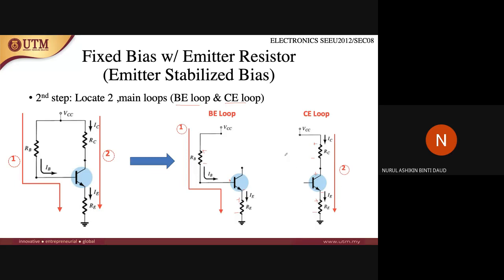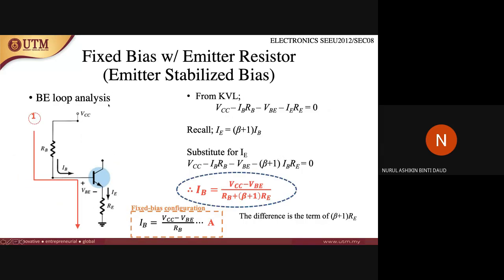Next, what you need to do is analyze the BE loop, same as yesterday. We need to use the Kirchhoff voltage law. For this, choose one loop. Usually it's easier to use the anti-clockwise loop from the source of the battery, but you can also use this loop; any loop is fine.